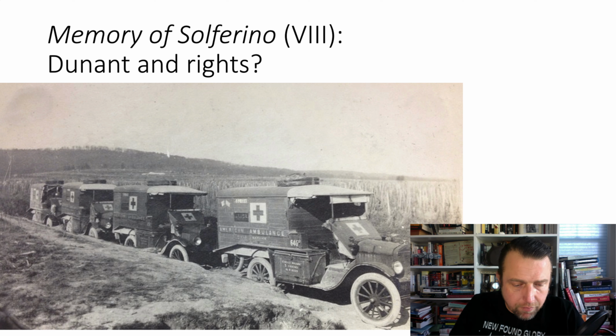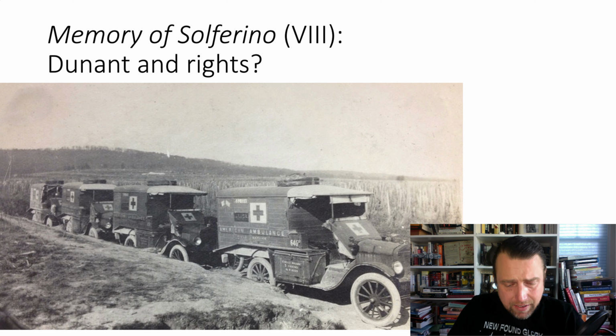A Memory of Solferino made Henri Dunant into something of an international human rights celebrity, at least for a few years. And at an 1863 international conference in Geneva that he led, the groundwork was laid for this international organization. And the next year, 16 nations signed the Geneva Convention for the Amelioration of the Condition of the Wounded Armies in the Field, the First Geneva Convention.